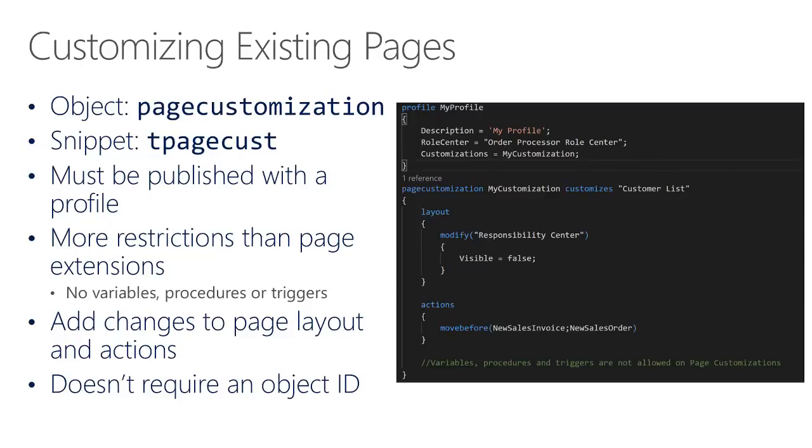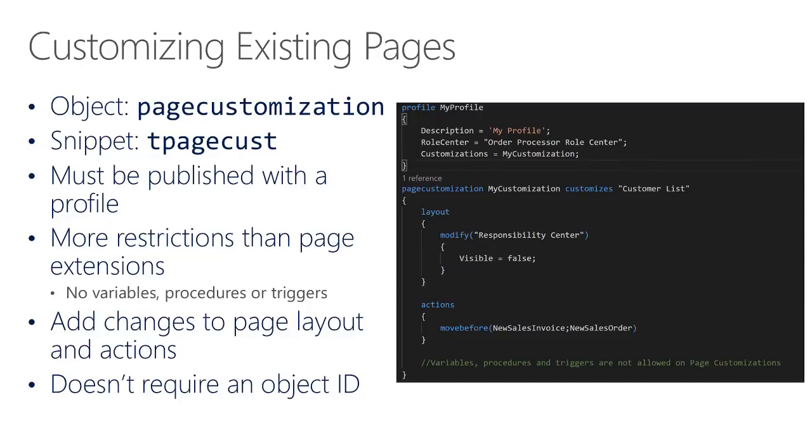The reason is that what you need is a page customization object that is always linked to a profile. So you have to define a profile as well as a customization, and those always go together. And so that's one instance in which it's actually better to have two objects in one file. So the object is a page customization.